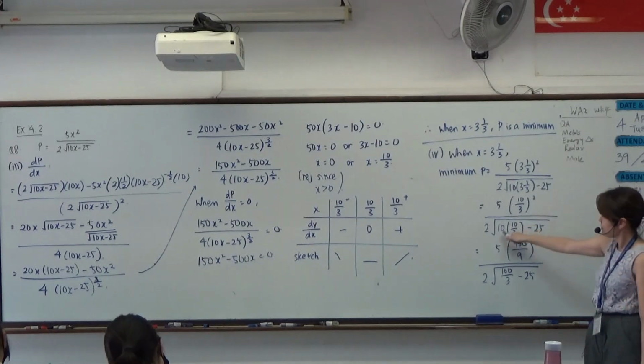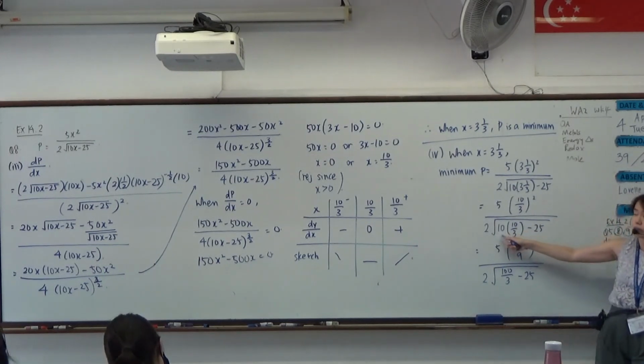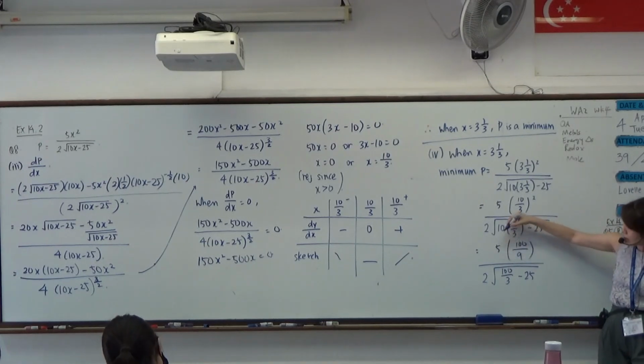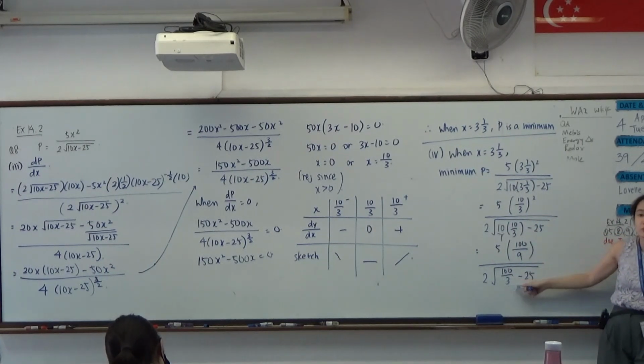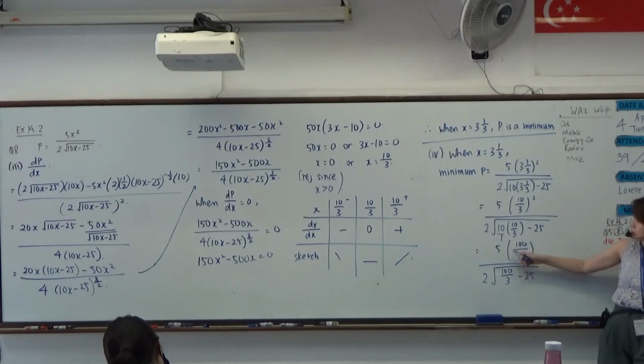This one square it. This one multiply. Take note, this is a whole number multiplied by a fraction. That means 10 over 1 times 10 over 3. Numerator times numerator, denominator times denominator. So we should get 100 over 3. Please don't make the mistake that we take the 10 to multiply the denominator as well.